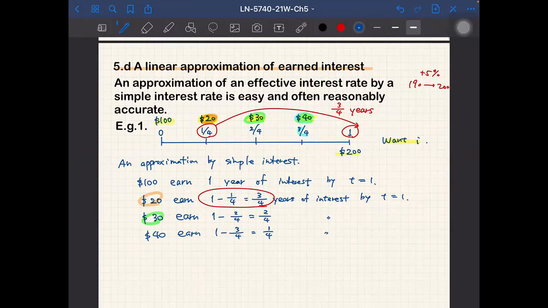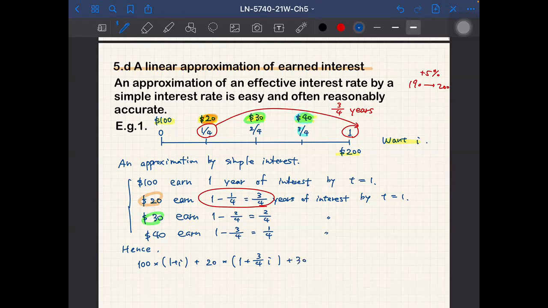So that means $100 earns 1 year of interest, so 100 times (1 plus I), and the $20 earns 3/4 year of interest, so the $20 becomes 20 times (1 plus 3/4 I) at time 1.